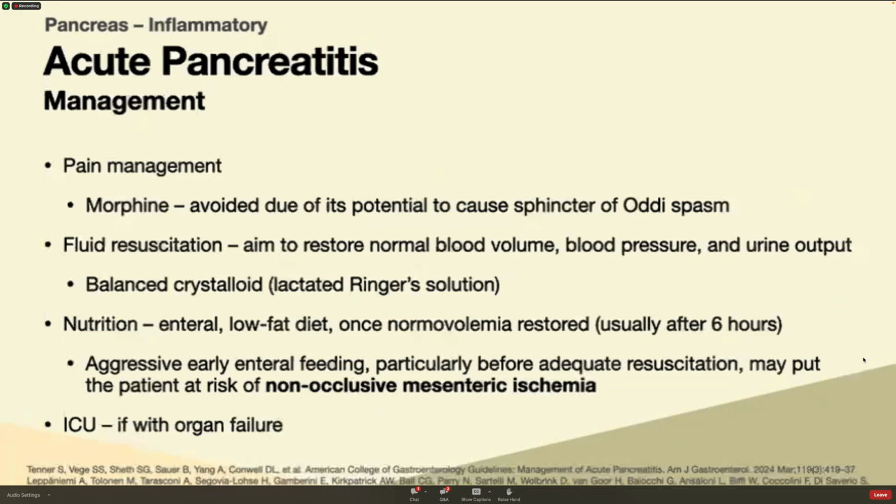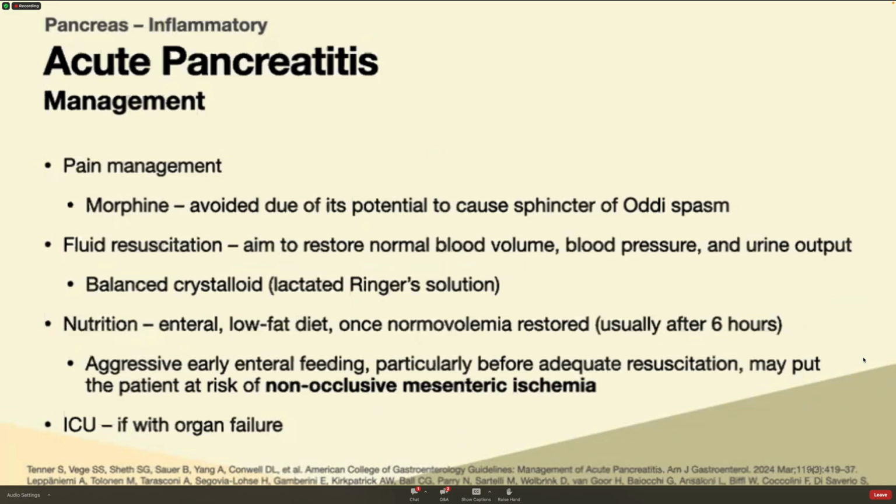So we'll just breeze through these. Of course, for acute pancreatitis, you need pain management and adequate fluid resuscitation. Some guidelines recommend the use of lactated Ringer's solution for the fluid resuscitation. Then for the nutrition, once normovolemia is restored, you can already start oral enteral feeding.